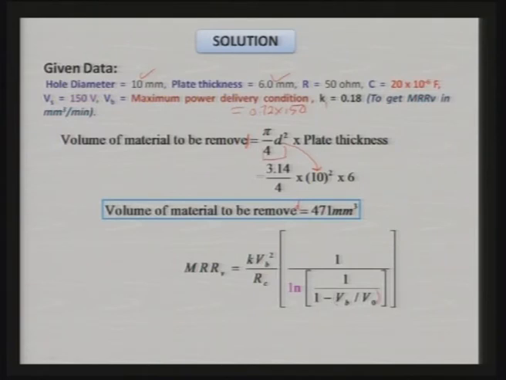Now, let us substitute the values, because we are given the value of K as 0.18, Vv as given over here 0.72 into 150, RC charging resistance is given as 50 ohm, and supply voltage is already given as 150 volt. Either Vs or V0, both are the same thing.